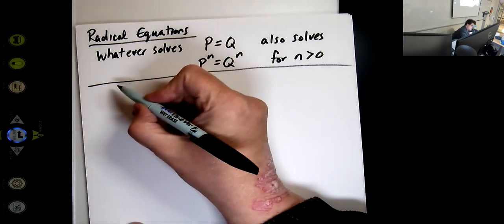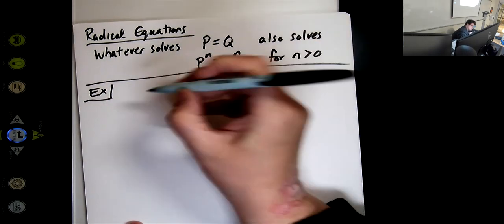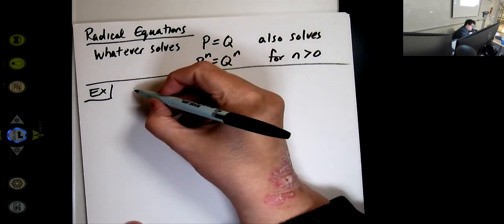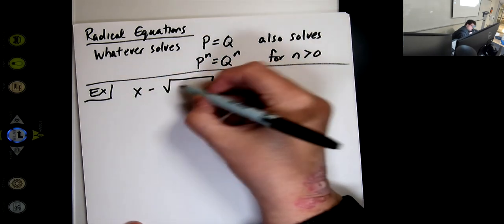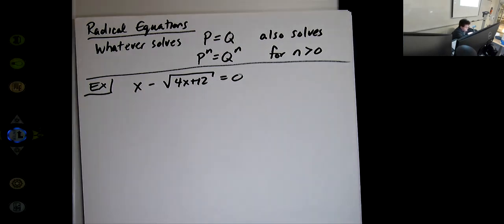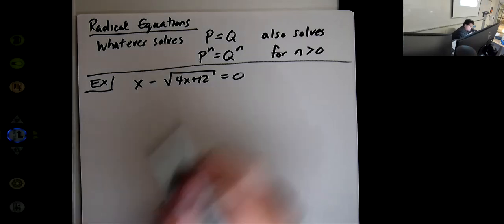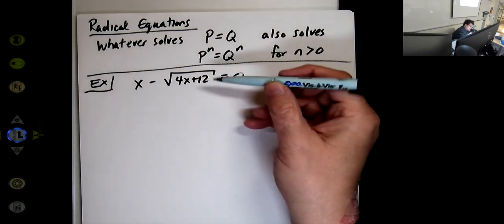So, x minus square root of 4x plus 12 equals 0. So I don't like the radical there.